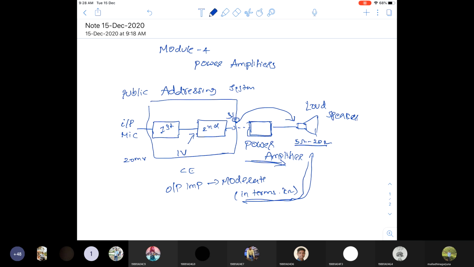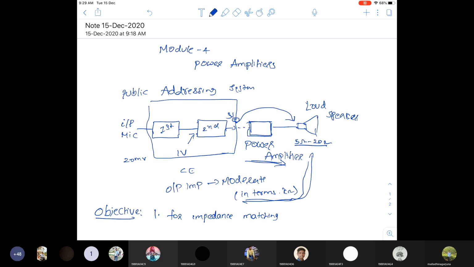This is the first objective of a power amplifier.